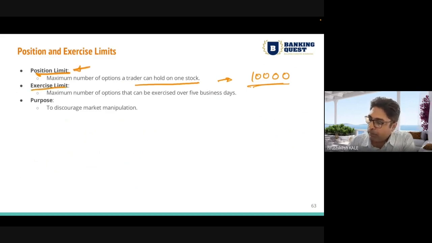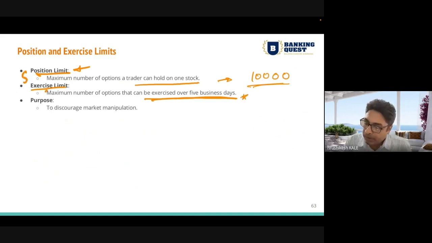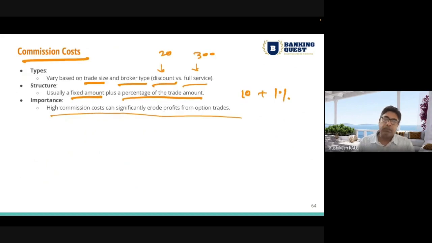And exercise limit means the number of options that can be exercised over 5 business days. How many options you can trade in 5 business days, that is the exercise limit. And these limits are there to discourage market manipulation. Otherwise, one person will try to manipulate the market. That is position and exercise limit.